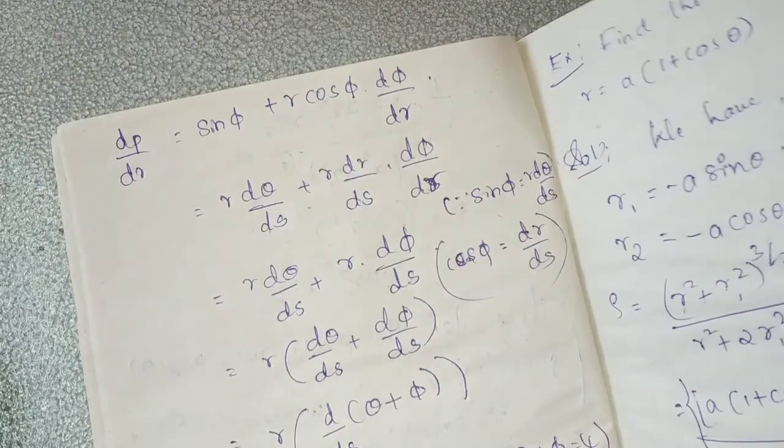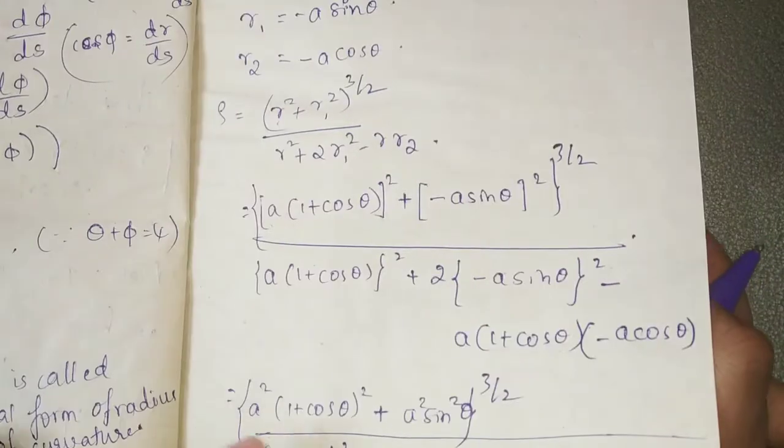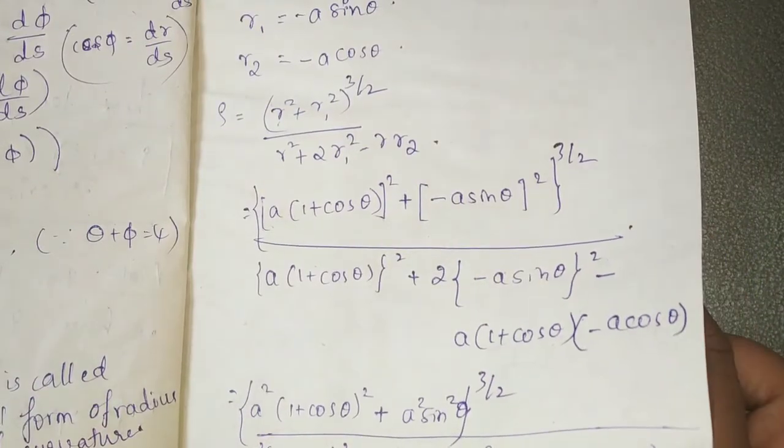Now we need to solve. If we take a square outside, a square raised to 3 by 2 will be there. We are left with a cube.